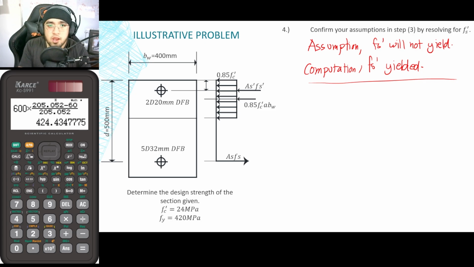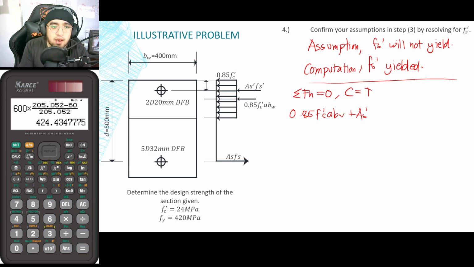So upon recomputation, again, summation of forces horizontal is equal to 0. Compression is equal to tension. For our compression, this is now equal to 0.85 times F prime C times A times B sub W plus AS prime, Fs prime.